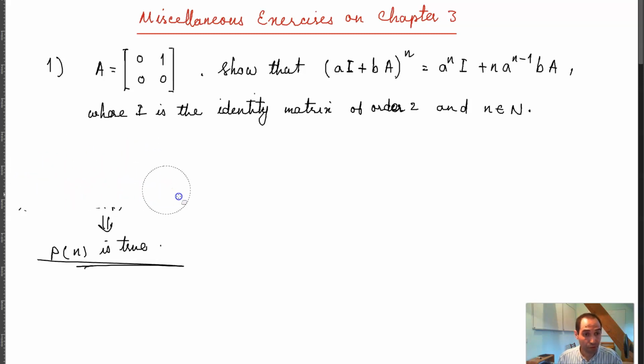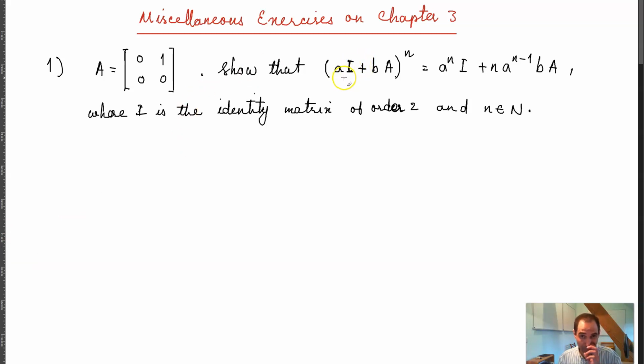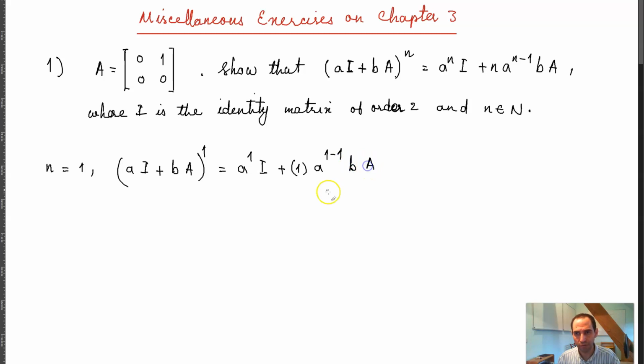So in order to do that, I'm going to show that P(1) is true, meaning that when n is equal to 1, we have (aI + bA) raised to the power 1 is equal to a raised to the power 1 times I plus n times a raised to the power 1 minus 1 times b times A. Since n is actually 1, I don't really have to write it, but I have written it over here.